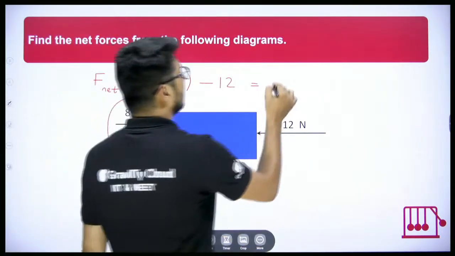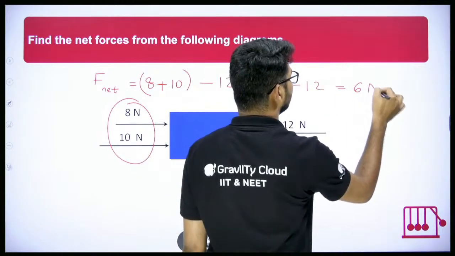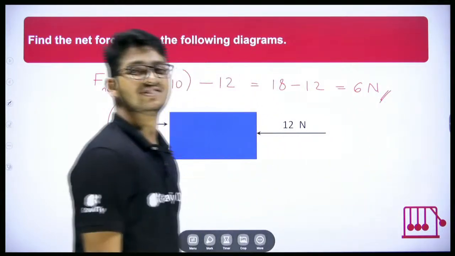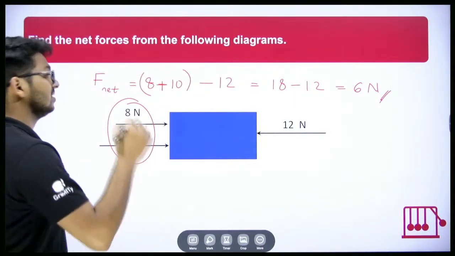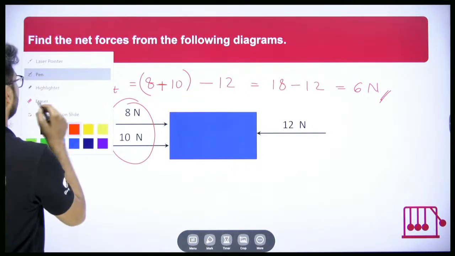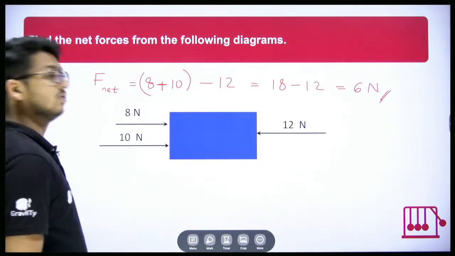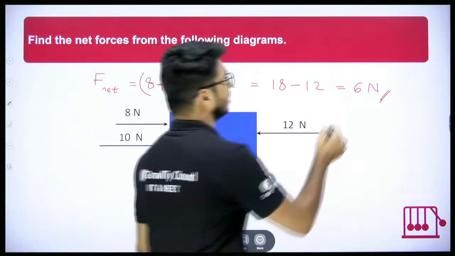What do you get? You get 18 minus 12. 18 minus 12 is 6 Newton. So net force is equal to 6 Newton. The question is, in which direction? In which direction is the larger force? Towards right. So it is towards right.